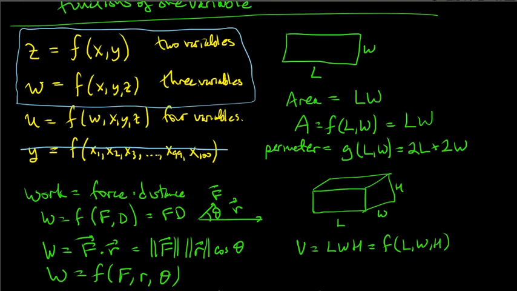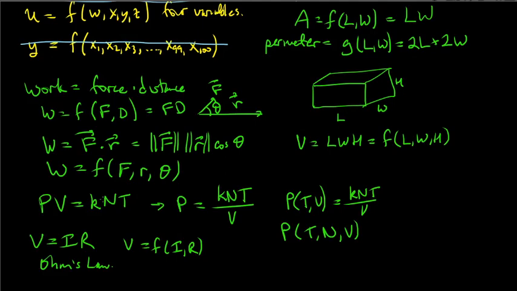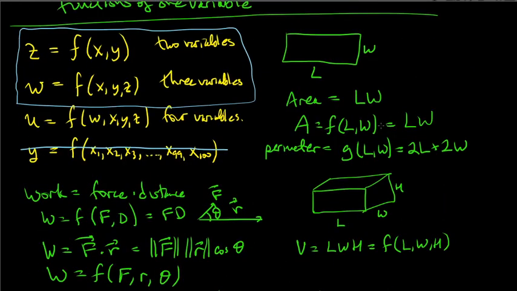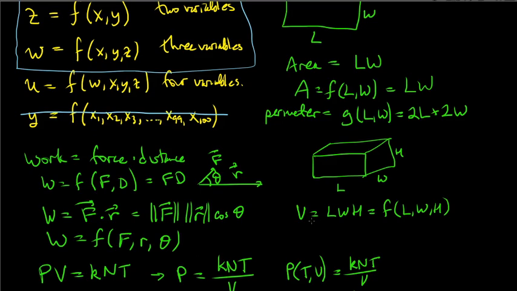For now, just the idea that you have a quantity, say Z, that depends on two things, X and Y. Or you have a quantity W that might depend on three things, say X, Y, and Z. Okay, so if you're not familiar with Ohm's law, just think of area or perimeter or volume, and these definitely depend on more than one quantity.